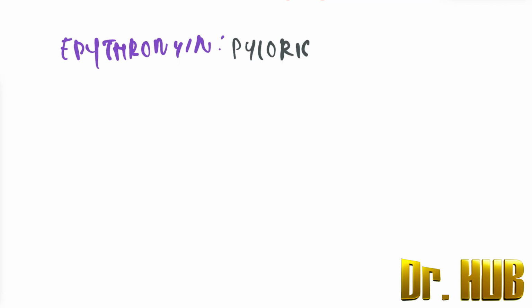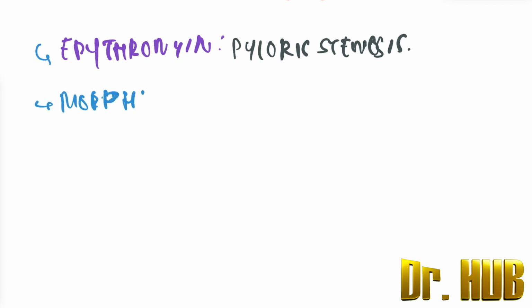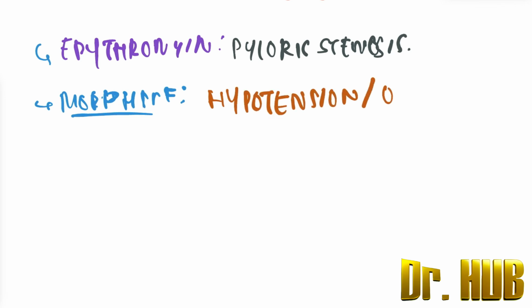Next we move on to erythromycin, which can lead to pyloric stenosis. Then we look at morphine. In terms of morphine, it is hypotension as well as urine retention.